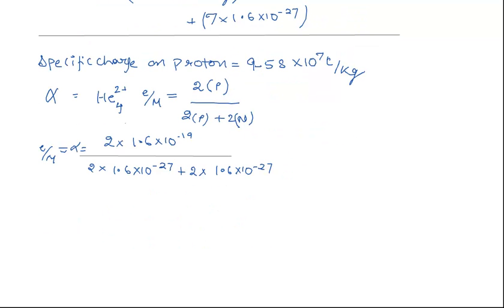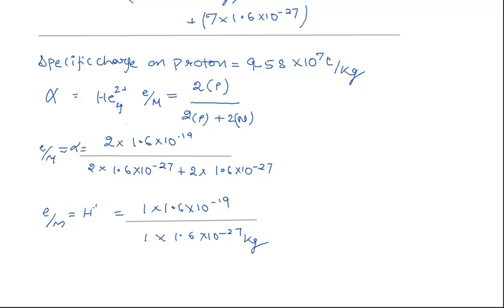And what is the expression for E by M of a proton? It is equal to 1 into 1.6 into 10 to the power minus 19 coulombs, divided by how many protons are there? 1 proton, right? So what is the mass of it? It is 1 into 1.6 into 10 to the power minus 27 kg.